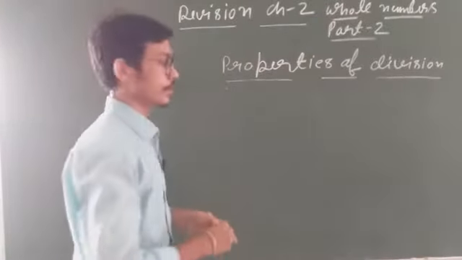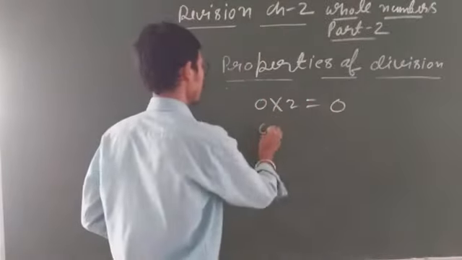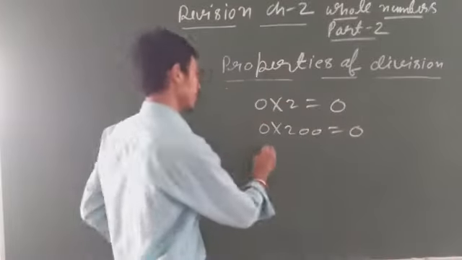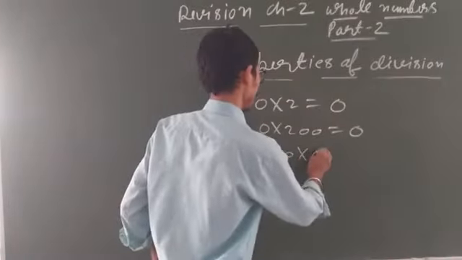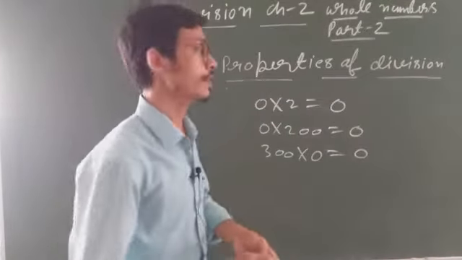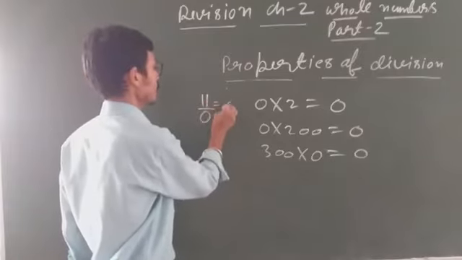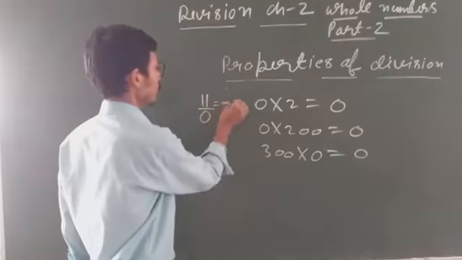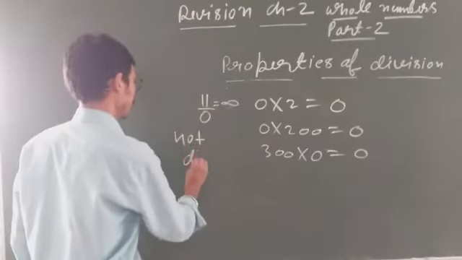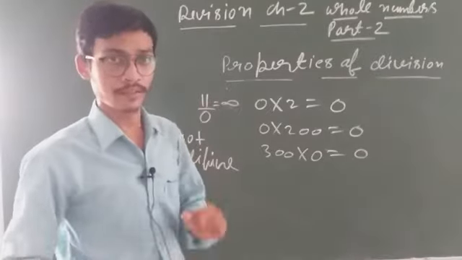Multiplication means you know that, for example 0 multiplied by 2 is 0, 0 multiplied by 200 is 0, or 200 or 300 multiplied by 0 is also 0. There is no effect. But in division, if it is 11 upon 0, what is it? It is infinity. Infinity is not defined. Always remember, not defined. In mathematics, 11 by 0 is not defined.